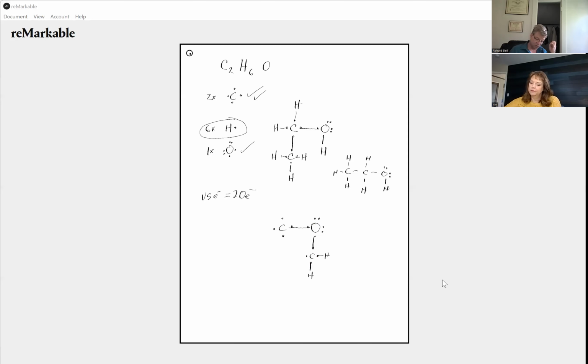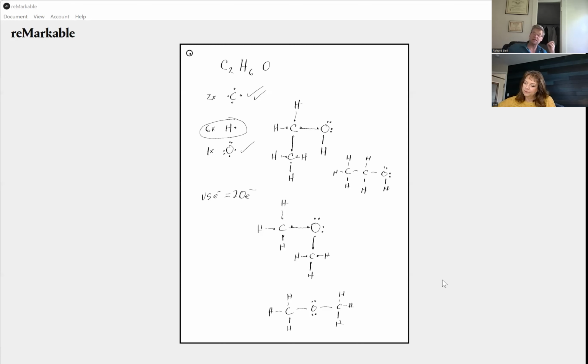Notice that sometimes when I'm just adding hydrogens, I don't bother doing the individual electrons. I just do a line and add my hydrogen. Am I allowed to straighten it out like this? Yes, it's a cartoon.